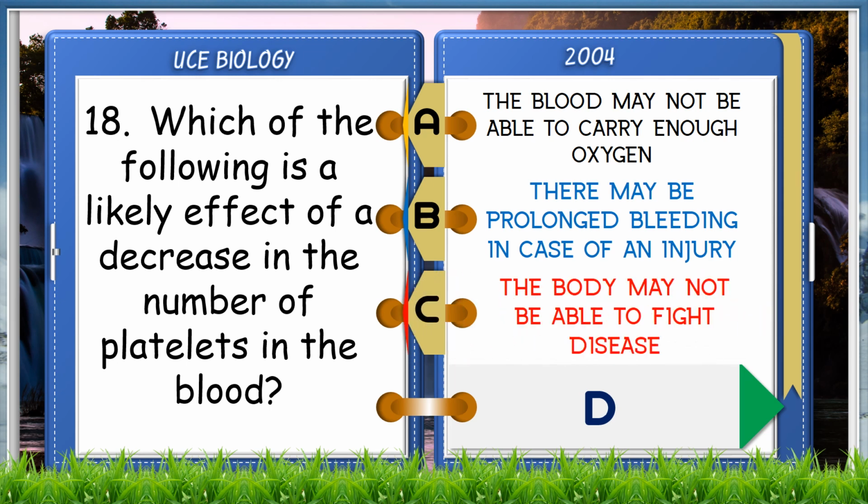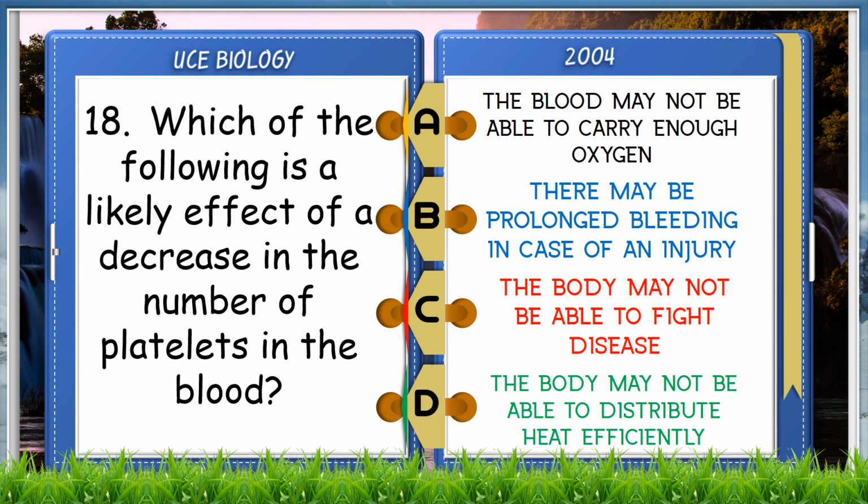C. The body may not be able to fight disease. D. The body may not be able to distribute heat efficiently. The answer is B. There may be prolonged bleeding in case of an injury.